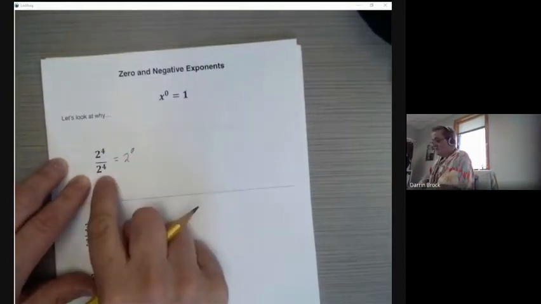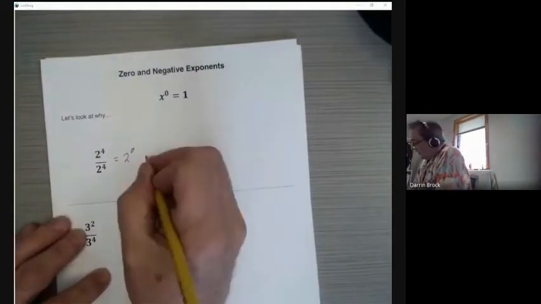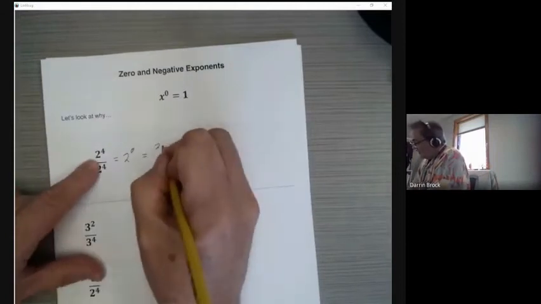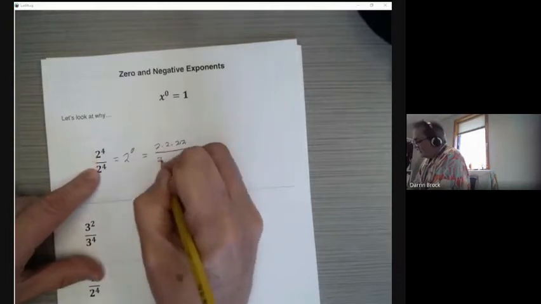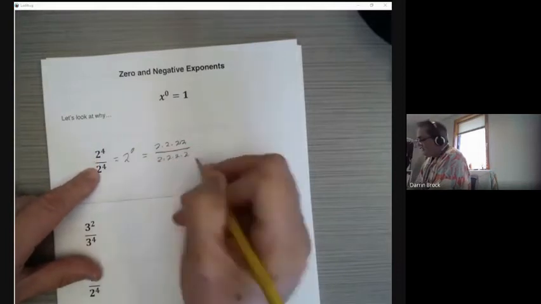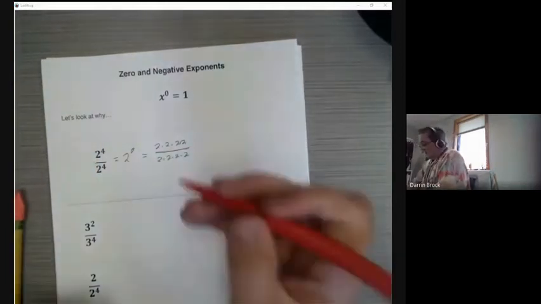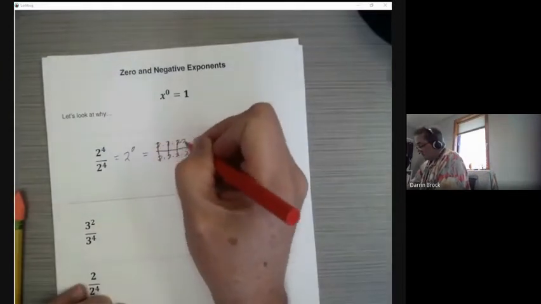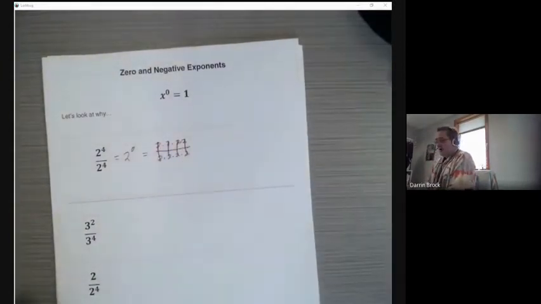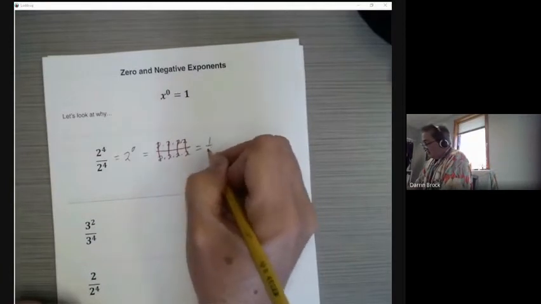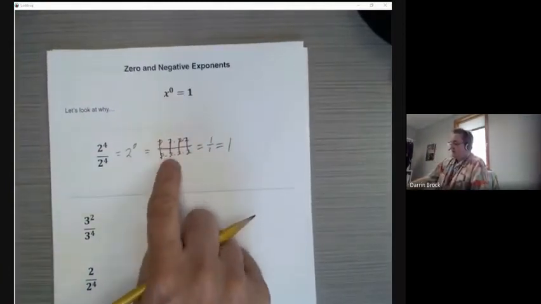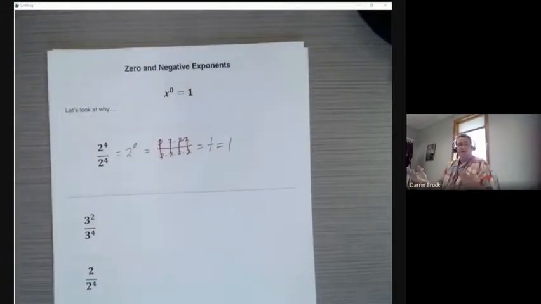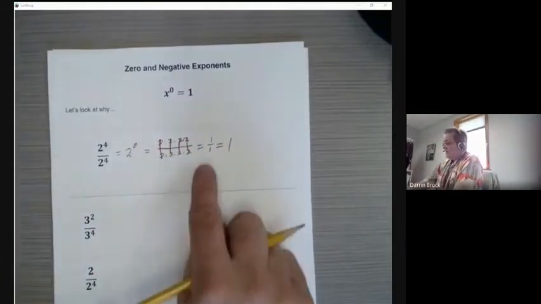So this is 2 to the 0 power. What is that if we break it out? 2 times 2 times 2 times 2 divided by 2 times 2 times 2 times 2. So that's 1, that's 1, that's 1. They all cancel out to 1, because everything on top and bottom cancels each other out.